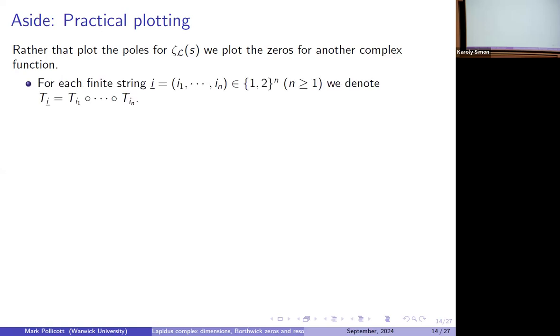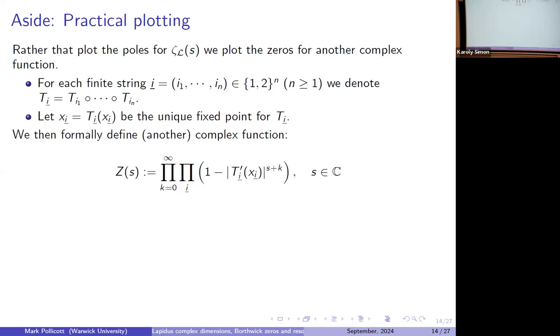And so the way that works is that for all finite strings, different combinations of contractions, associated to this string, this word, we can write down the contraction by composition. So we can do this for any finite string. And then for this finite combination of contractions, it's going to have a fixed point because it's a contraction. So now we've got countably many fixed points associated to countably many strings.